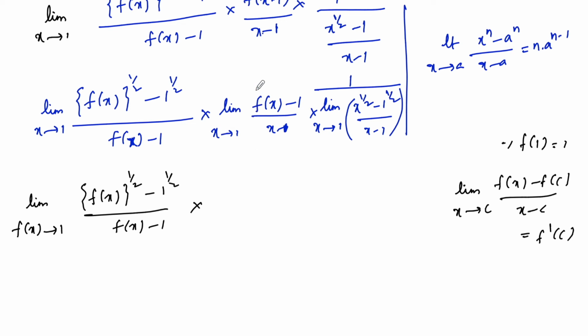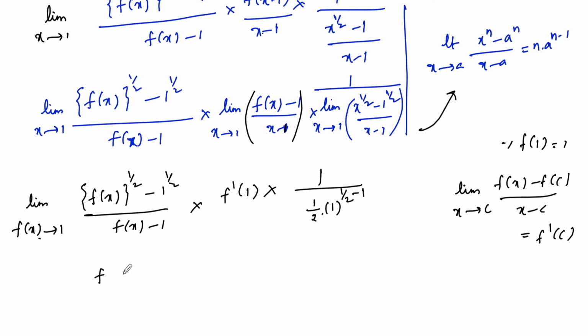So limit x tends to 1, f of x minus 1 upon x minus 1 is equal to f dash of 1, into 1 upon, again by using this formula, limit x tends to 1, x power n minus a power n by x minus a can be written n into a to the power of n minus 1, so that is 1 by 2 into 1 to the power of 1 by 2 minus 1, into f dash of 1 into 1 divided by 1 by 2.